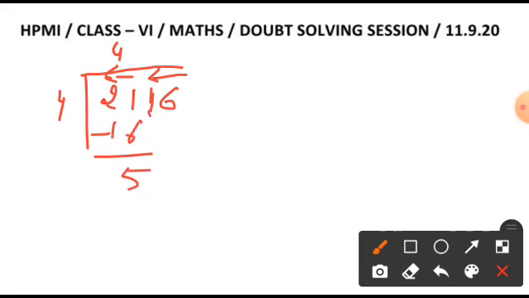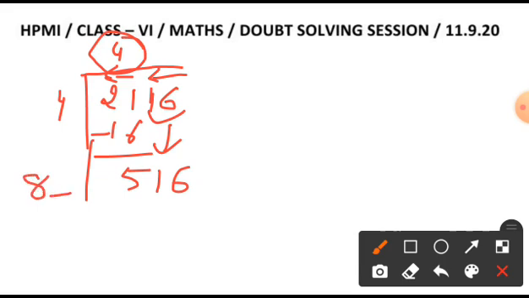Now in the next step, as usual, we are going to bring down this 16 over here. Again, now we will take the double of this 4. That means multiply 4 with 2. We will get 4 2s are 8. Now beside this 8 in the units digit, what we will put? So that if we multiply this whole number with that particular digit, we will get 516. So you know that 6 6s are 36.